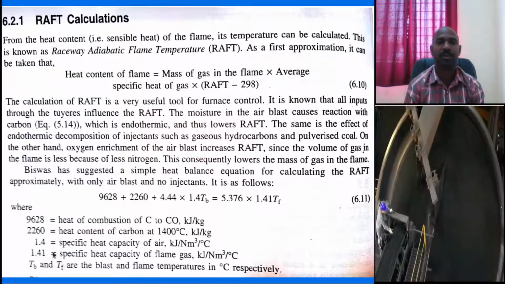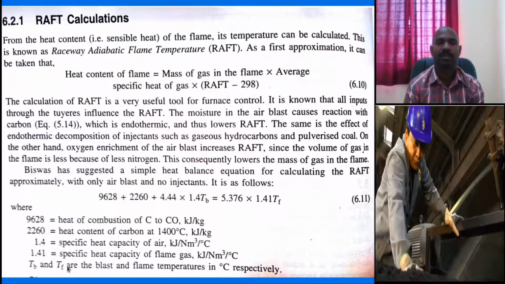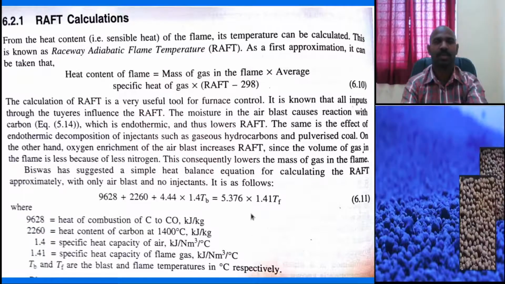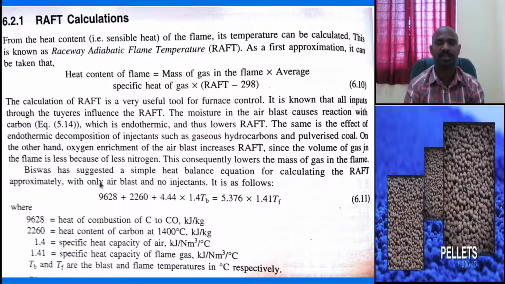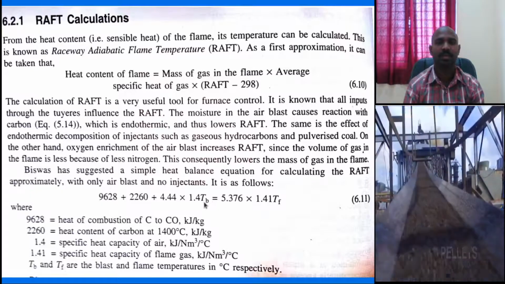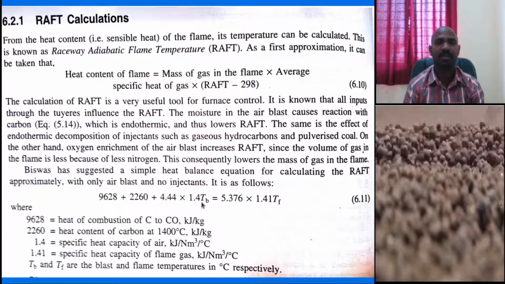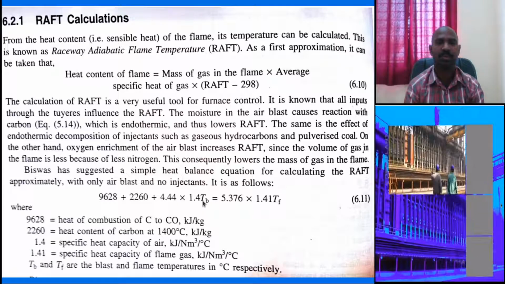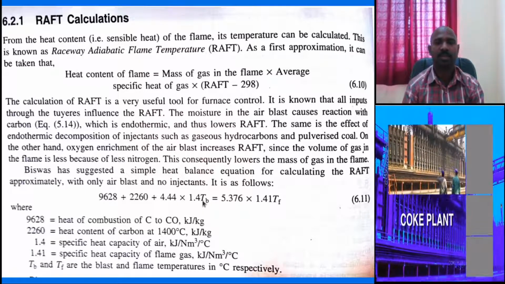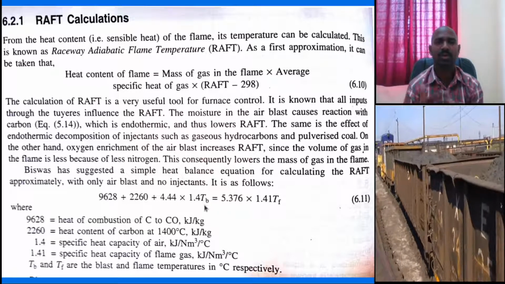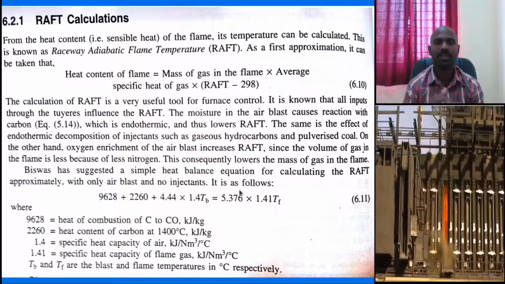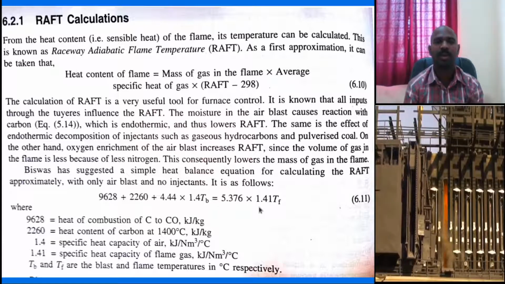TB is the blast temperature, TF is the flame temperature. How do you calculate the blast temperature or flame temperature, the raceway flame temperature? Blast temperature is initially what temperature the burners are giving. All these things are constant values based on the thermodynamic approximation.